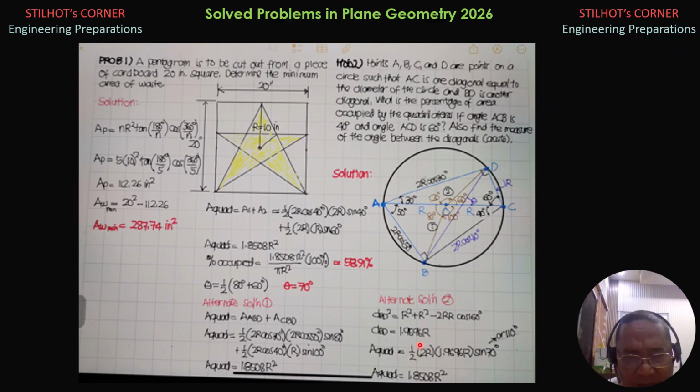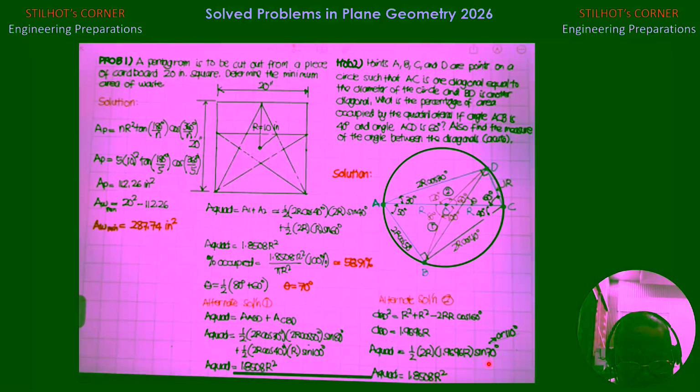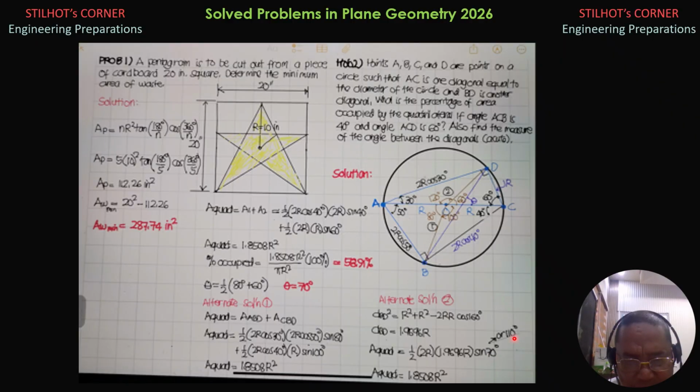Then area of quadrilateral is 1 half product of the diagonal sine of the angle between them. So 1 half of one diagonal is the diameter, 2r. The other diagonal is BD, which is 1.9696r. Sine of the angle between them is theta, 70 degrees. This 70 degrees can also be replaced by 110 degrees, so 1.8508 r square. So that's it for these two problems.